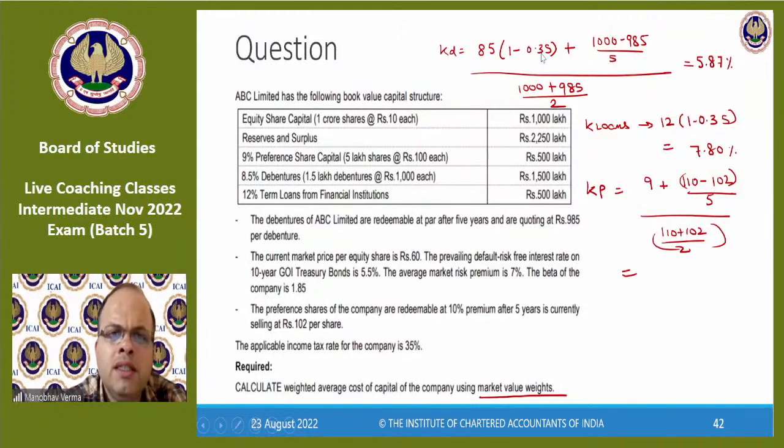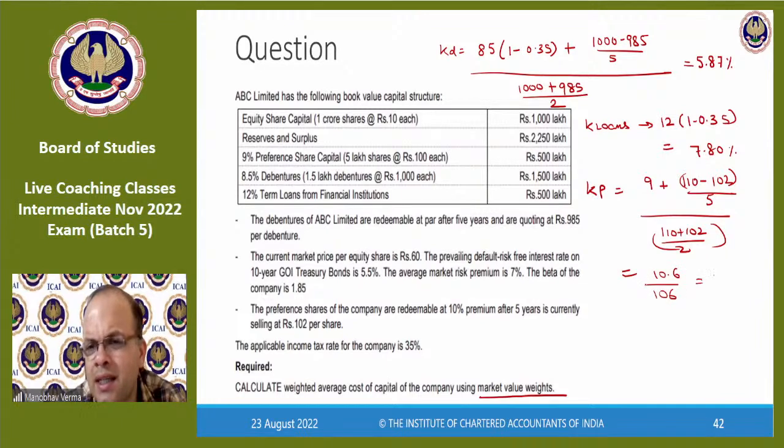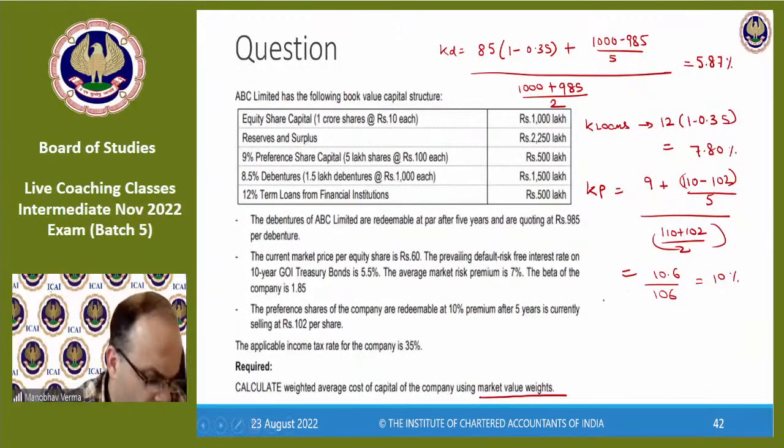Hitesh says it is 10%. Can you please double check? We are talking about 10% here. So this is 10.6 upon 106. Yeah, it seems to be 10% to me.